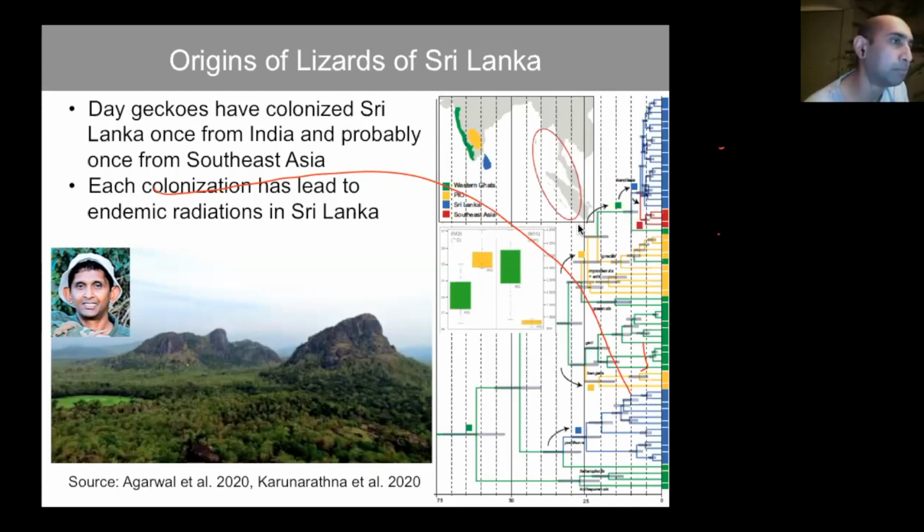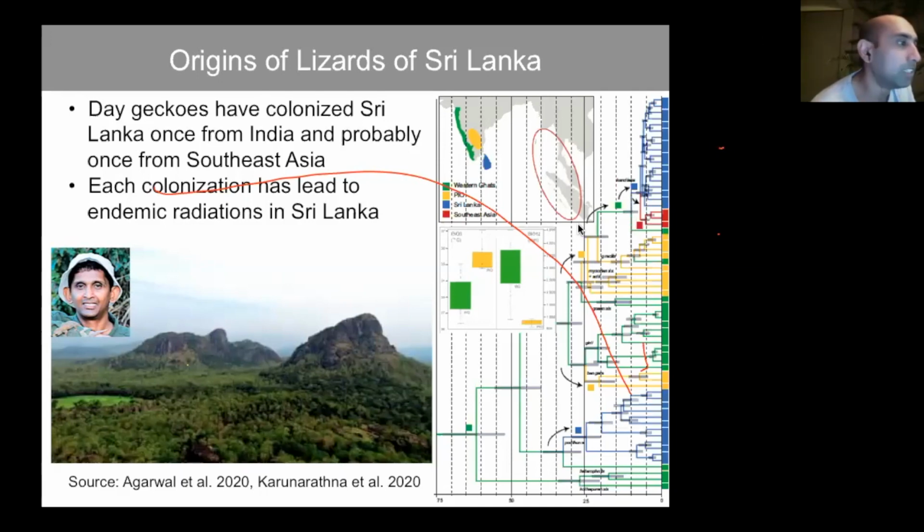We are again surprised by this finding, but it indicates that the colonization from the Sunda region, the Southeast Asian islands, seems to be quite recent. We have no way of explaining this finding, because there was no recent connection between Sri Lanka and the Sunda region.